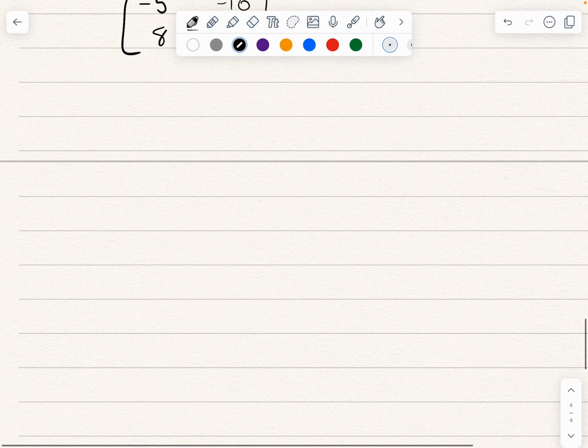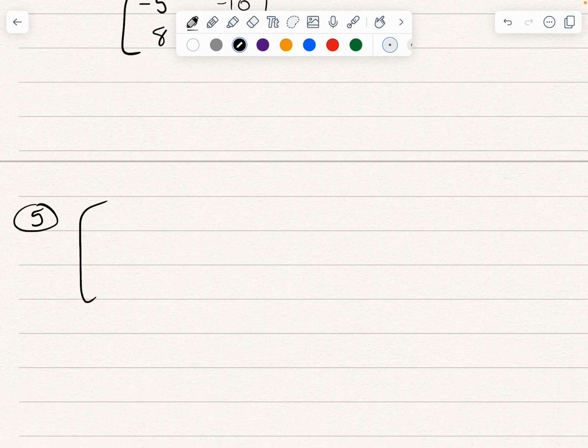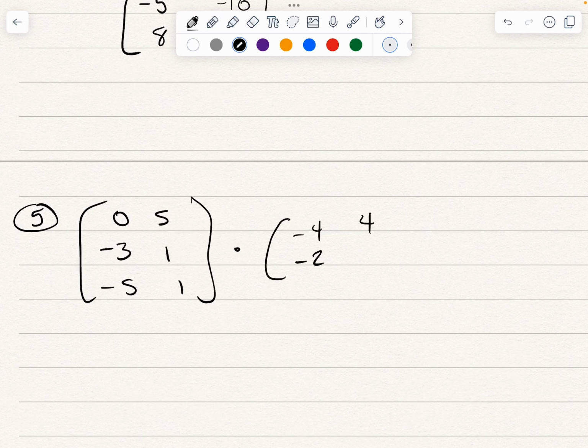Okay, so if we look at number 5, this one is 0, 5, negative 3, 1, negative 5, 1. And we have negative 4, negative 2, 4, negative 4. Okay, I'm multiplying these. I'm not adding these.